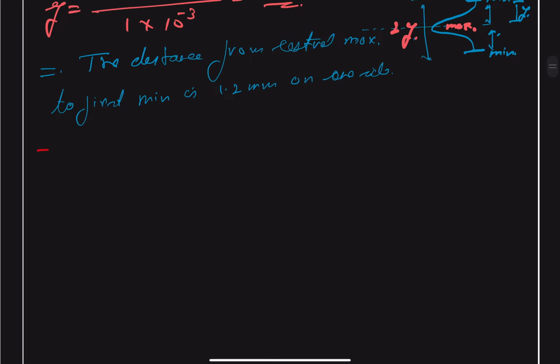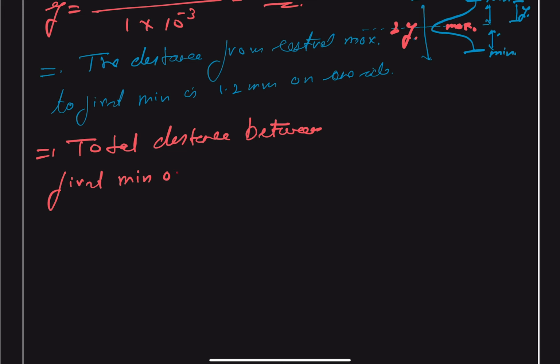So total distance between first minima on either side will be given as twice of y, which is 2 into 1.2.